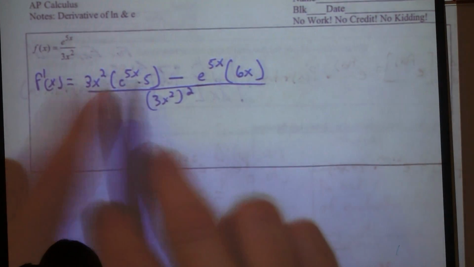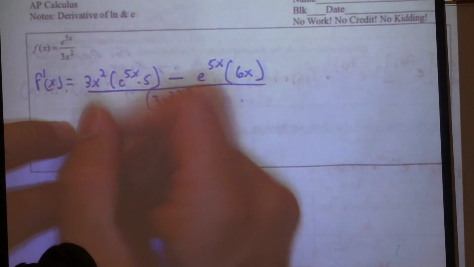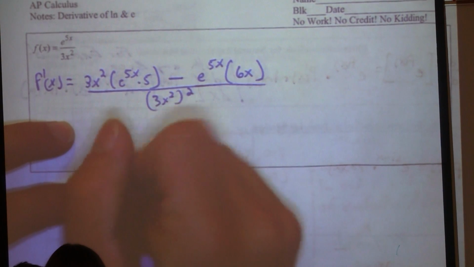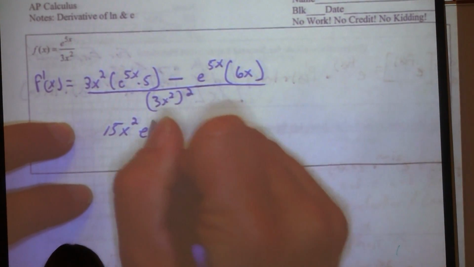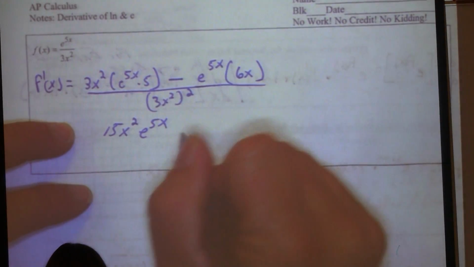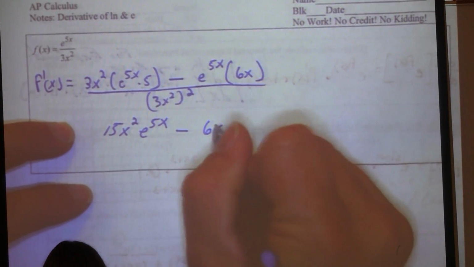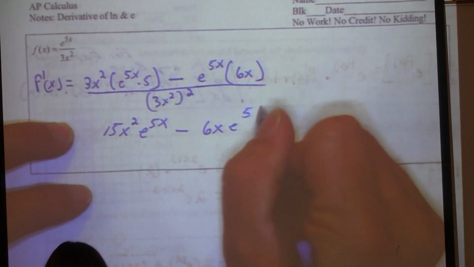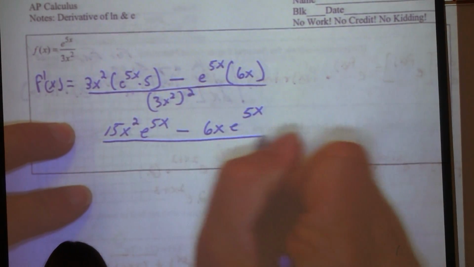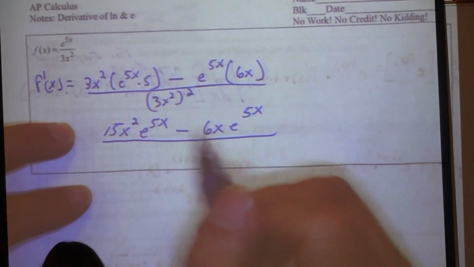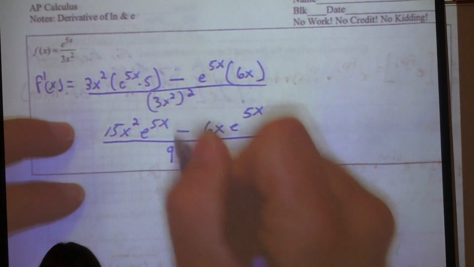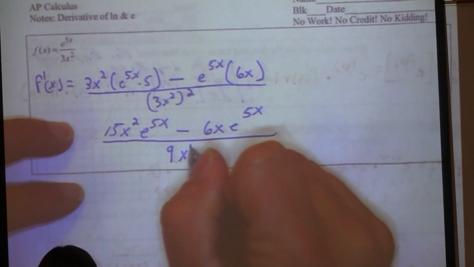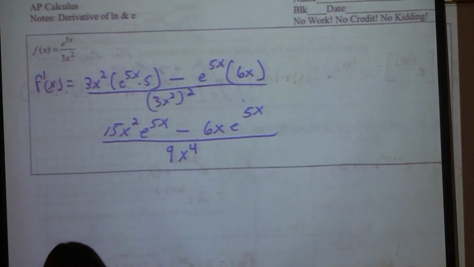Alright. Can we simplify some stuff? If I multiply these two guys, what do I end up with? 15x squared e to the 5x. Okay, minus 6x e to the 5x, all over, let's square this. 3 times 3? 9. x squared times x squared? x to the 4.